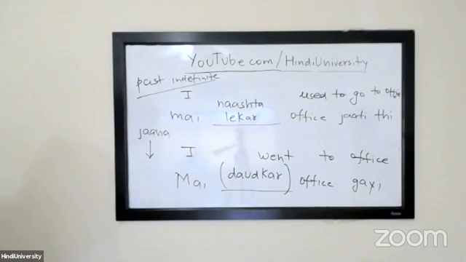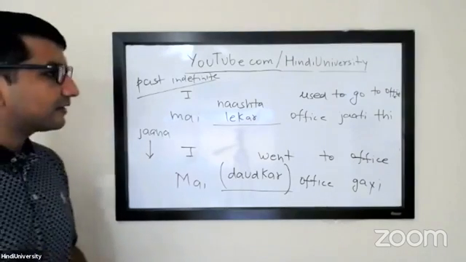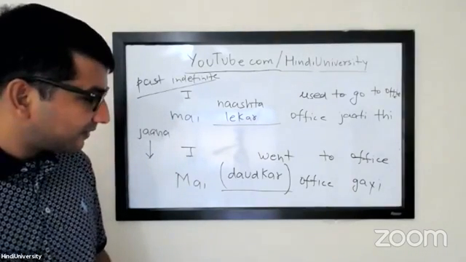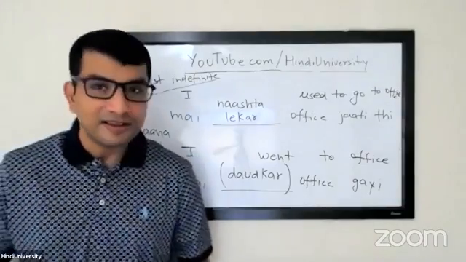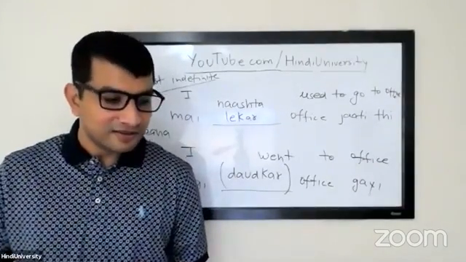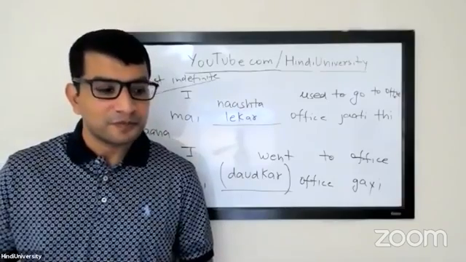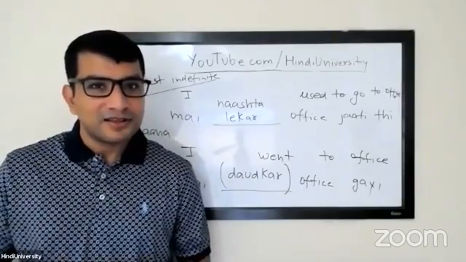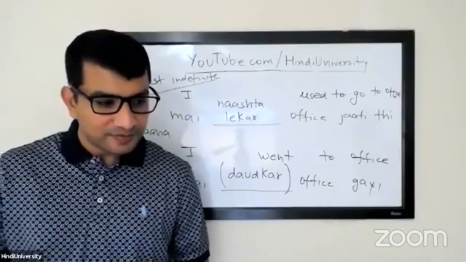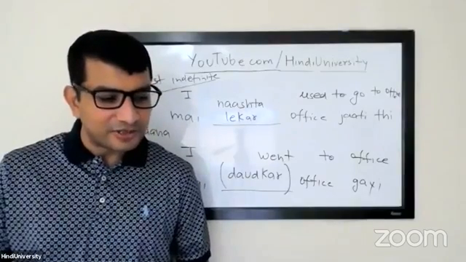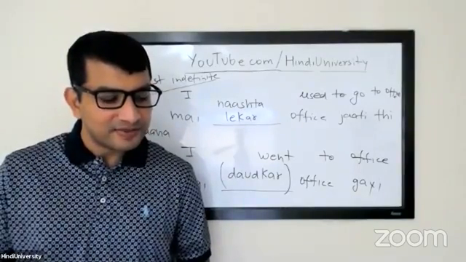Ashu Ji, if I just think about that last sentence you gave, मैं दौड़कर office गई, is it okay? I'm trying to think in the Hindi way. The दौड़कर would be like running. Like I went running to the office. I thought it was the opposite.